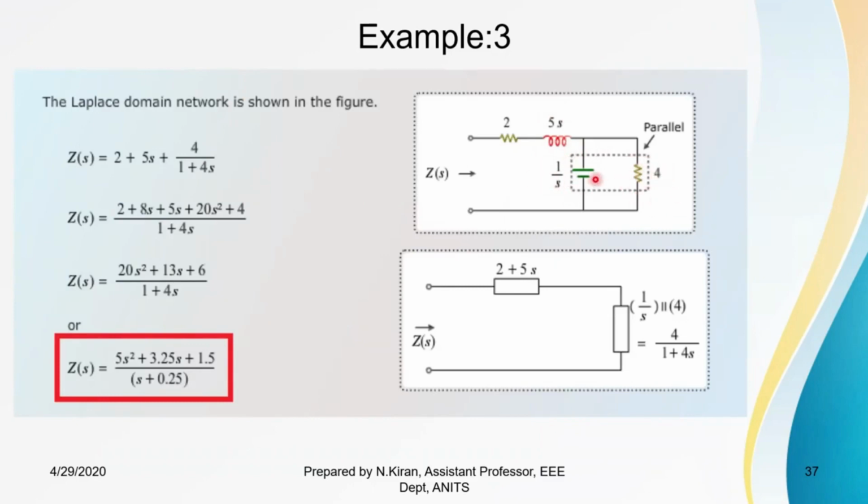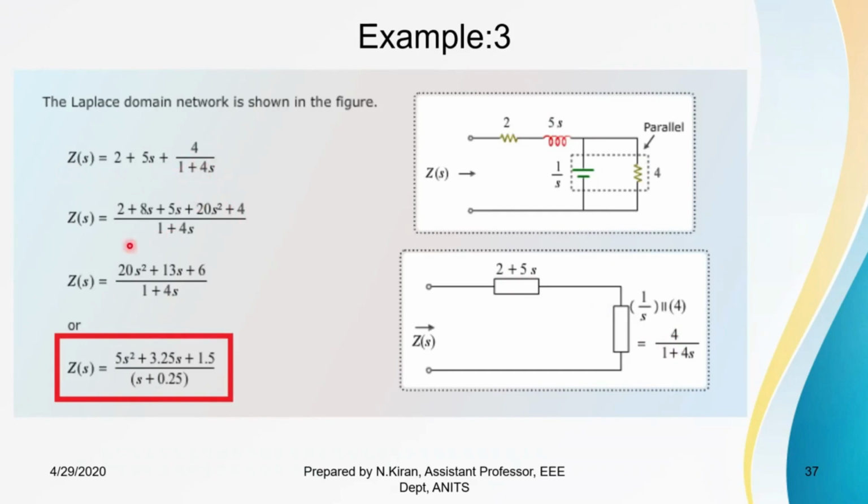So these two are in parallel, so this parallel combination will give me 4 by 1 plus 4S, and this parallel combination is in series with these two, which I can write as 2 plus 5S. So these are in series, so this Z of S I can write as 2 plus 5S plus 4 by 1 plus 4S.